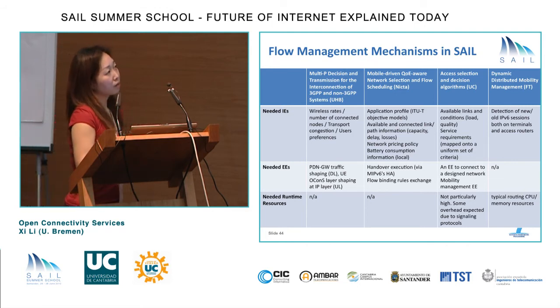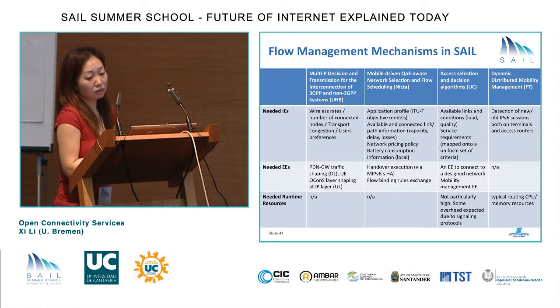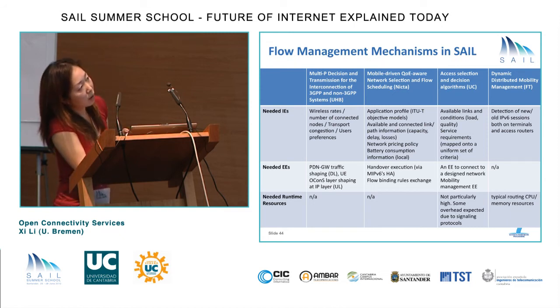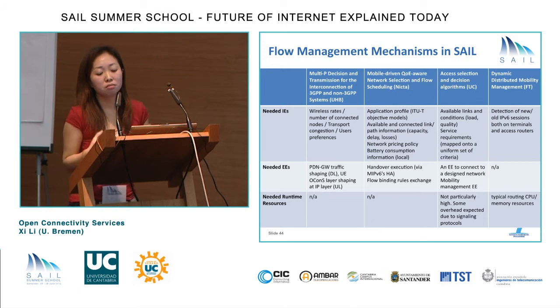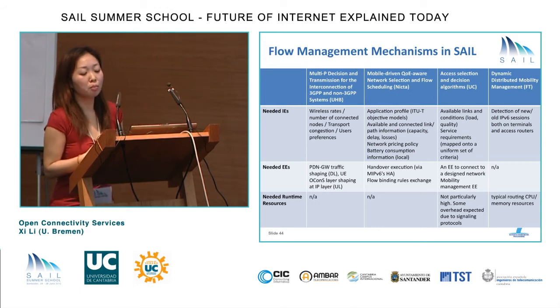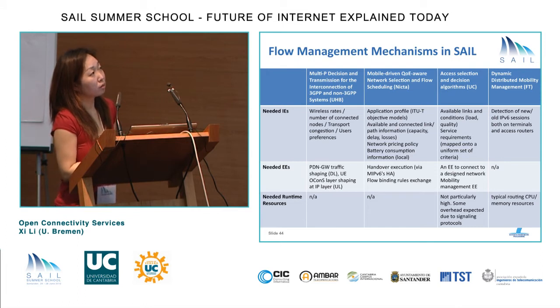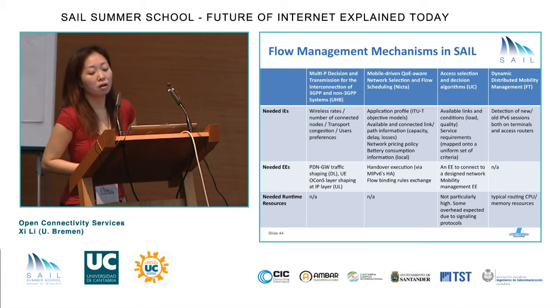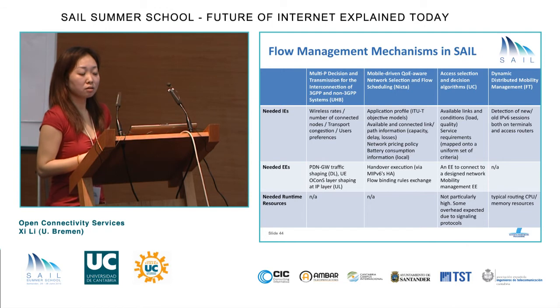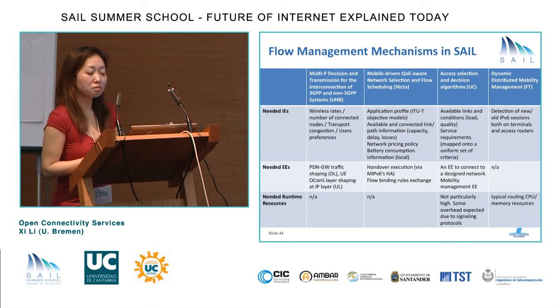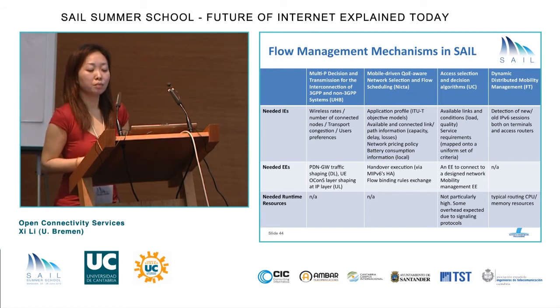Another example is the last mechanism, by Orange, which proposes mobility management mechanisms. We can also combine this one with the others, in case we firstly select the access network, and then use the approach proposed by Orange to do dynamic mobility management.